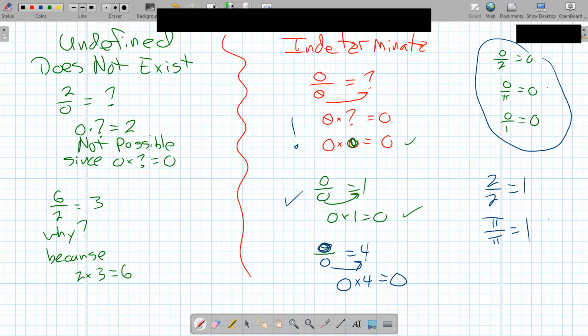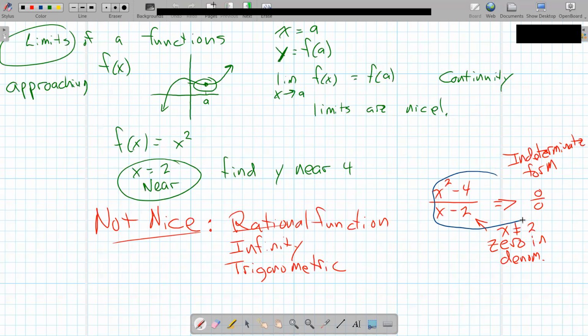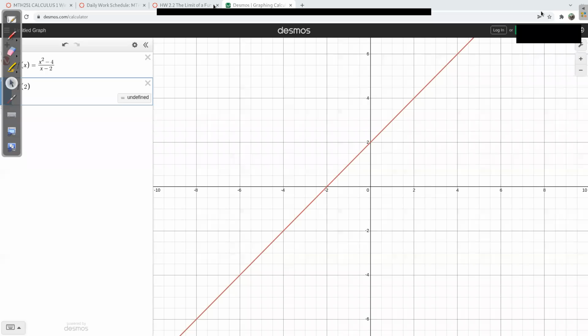In the case of this problem I was working on right there, 0 over 0, according to the graph, it looks like it should be 4 when x is 2. So 2 forces this to be 0 over 0, but the graph shows it should be 4.